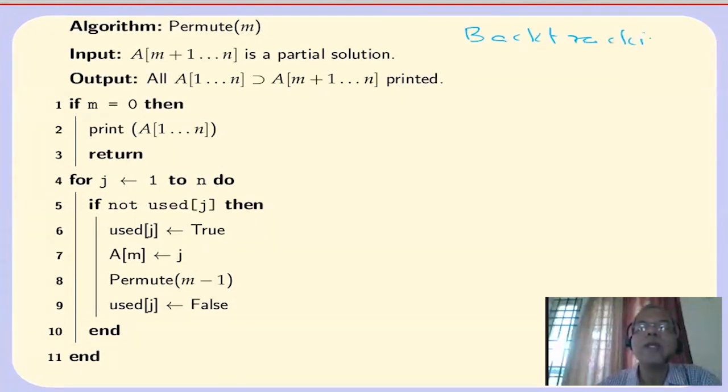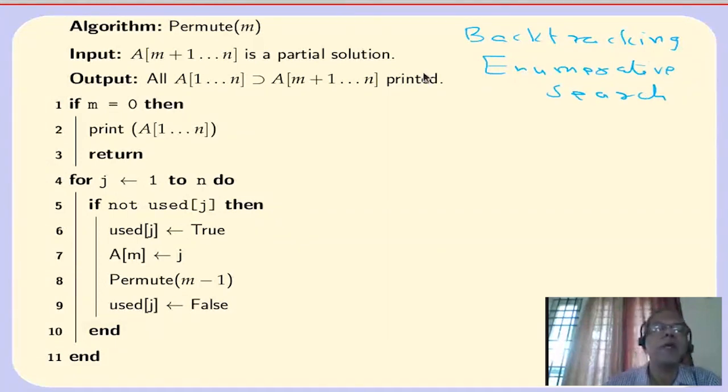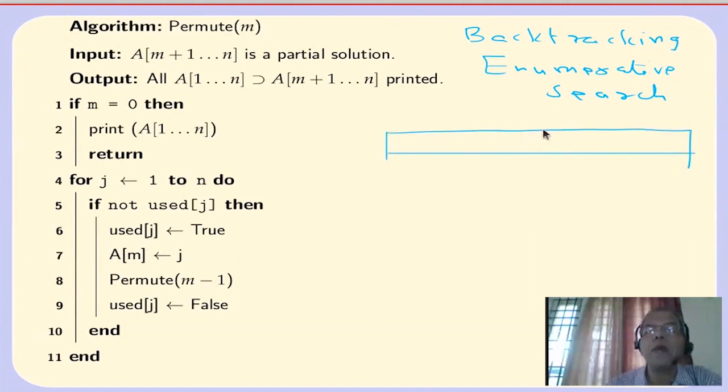How do we use backtracking to generate for enumerative search? This is the last slide. Permute m. Input is a partial solution, a m plus 1 to n. This is m plus 1.